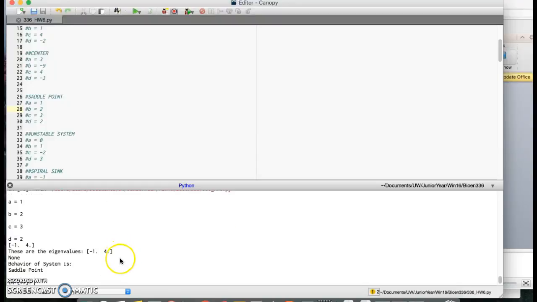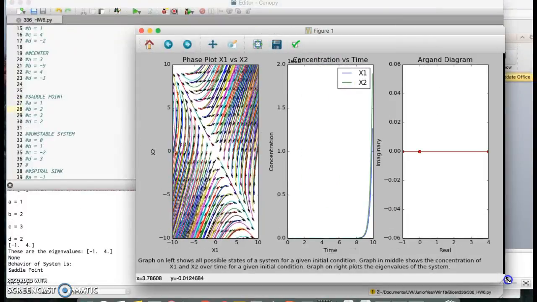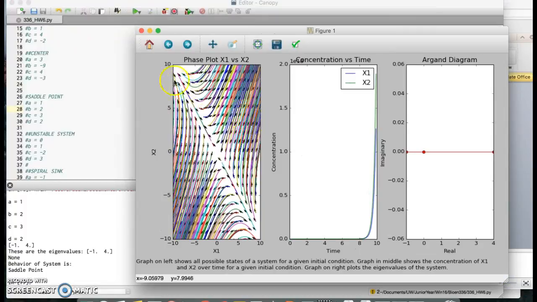In this case, we have eigenvalues that are only real and they're opposite in sign. It is called a saddle point system because you get this hump of a saddle point. This system's a little different. You can see the arrows that aren't along the center line point outward, which implies it is not a stable system unless you're along this center line.